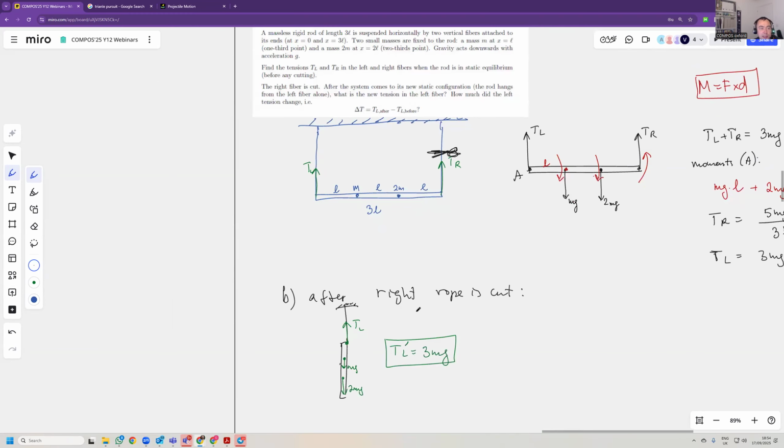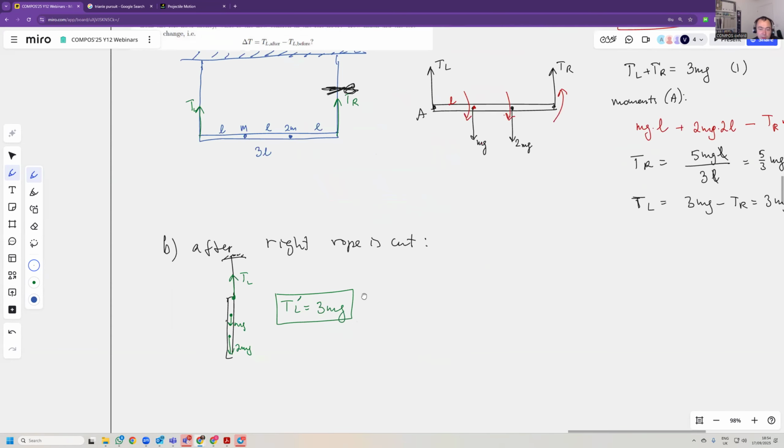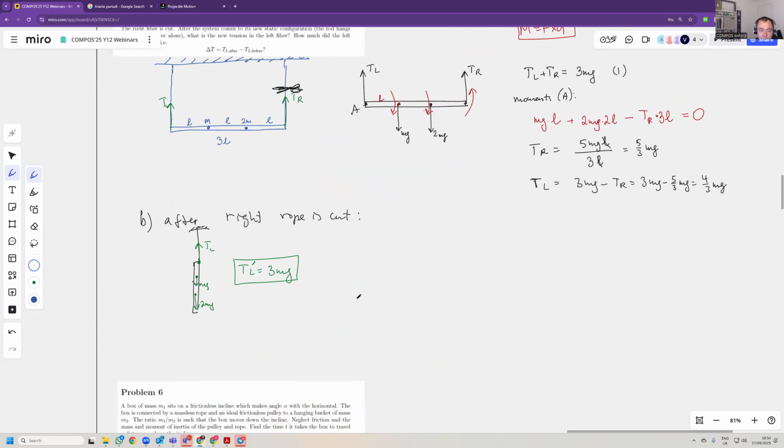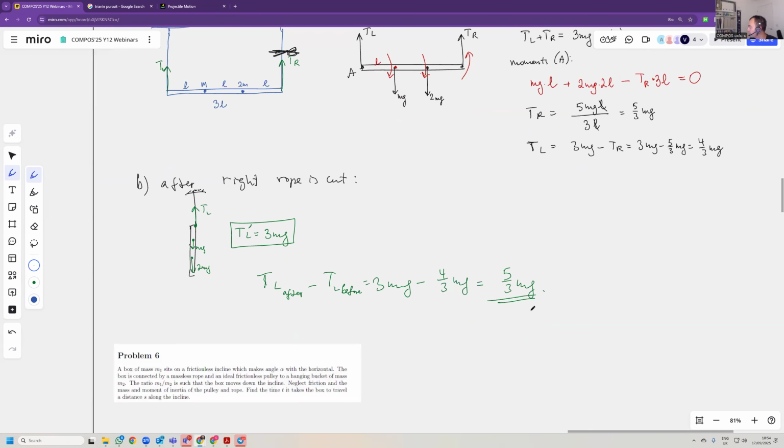And then TL after minus TL before is equal to 3mg minus 4/3 mg, which is in fact 5/3 mg. So that's the change in tension on the rope.